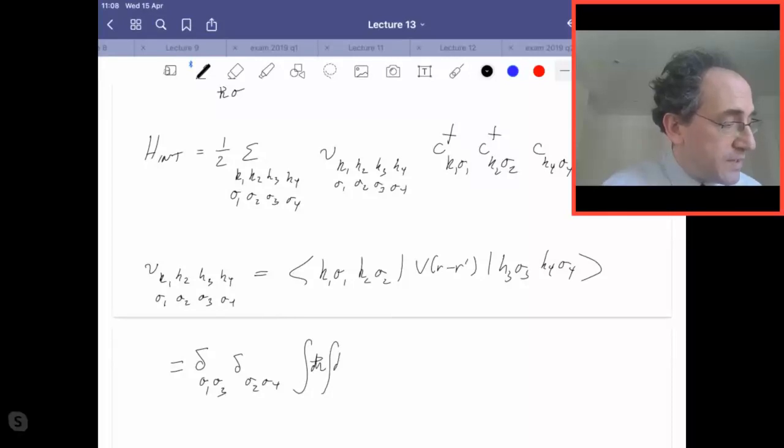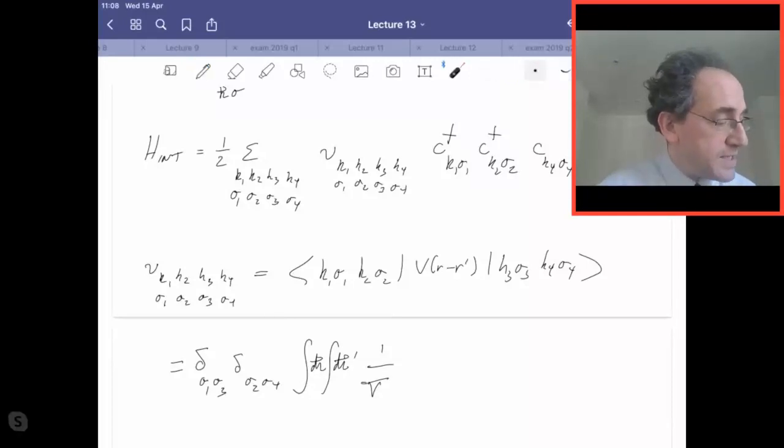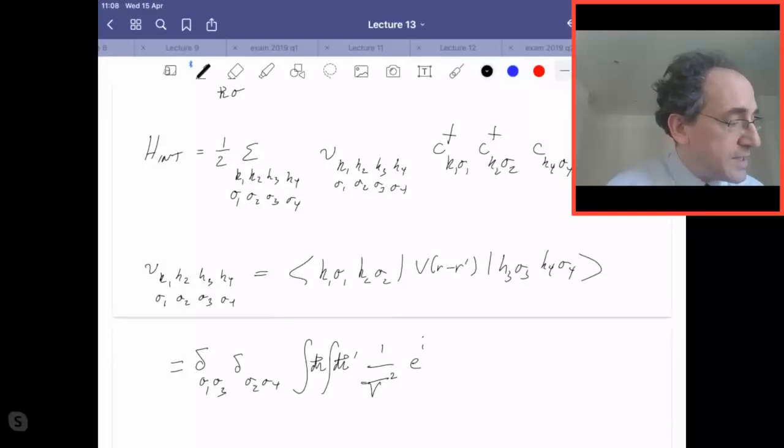Then the integral dr dr prime, 1 over volume squared. I'll try to remember to draw volume as this sort of big V with a cross across the top so it doesn't get confused with V, the interaction. Then we have the state k1, k2 here, e to the minus i.